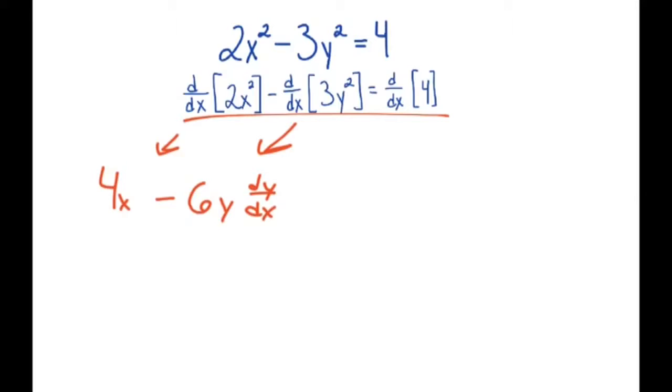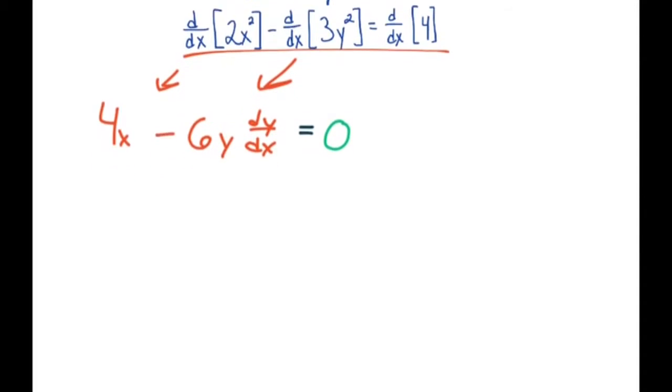So when you find the derivative of y squared, you would multiply the 2 times the 3, and that goes in front, times the y, so 6y. And then when you find the derivative of y, you have to times it by dy over dx. And the 4x I got by multiplying 2 times 2, and then x to the 2 minus 1 power. And the derivative of 4 would be 0, because the derivative of any constant is 0.